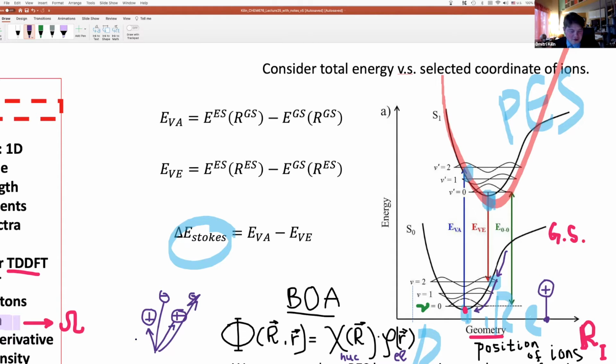Now, if you have position of ions with upper case R, position of electrons with lower case r, and everything here is stored in molecular wave function, which depends on both positions of ions and positions of electrons, and both ions and electrons are quantized particles, right? Which was the main challenge, which was undoable for any computer.